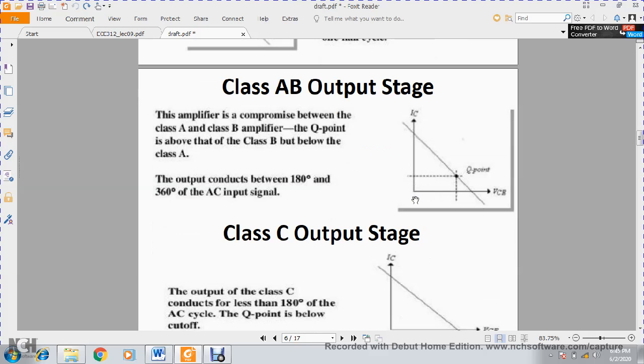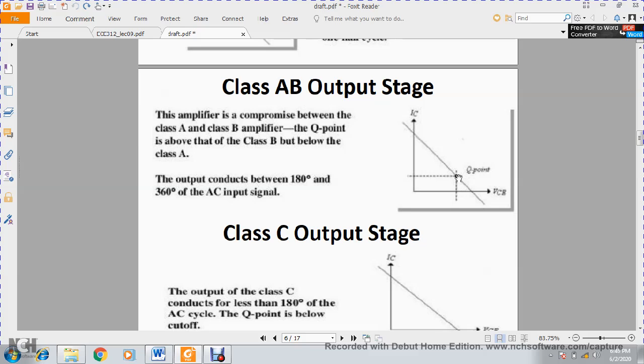Now class AB, as I said earlier, has a Q point that is neither at the middle nor at the cutoff. It is in between the middle and the cutoff. Somewhere you can place it, here also, or here also. It really doesn't matter. This type of amplifier is a class AB amplifier.